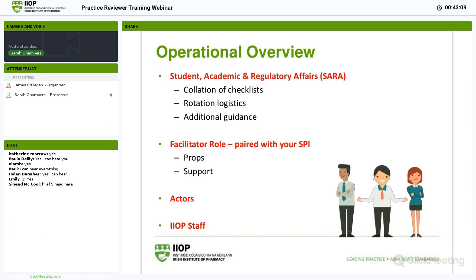Each of you will have a designated facilitator who will be paired with you and your SPI, and they'll manage the props and support as well. You'll each have your actor, and there'll also be an IAOP staff member on each floor to provide any insider guidance as needed.